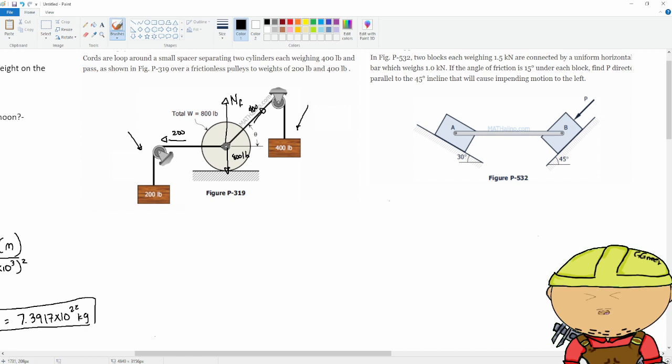There's no compressive force here right now. What else? Friction force. It says it's a frictionless pulley, so there's no friction right now, and the cylinder is not moving, so I don't think there should be friction here. Normal force, I think that's it.